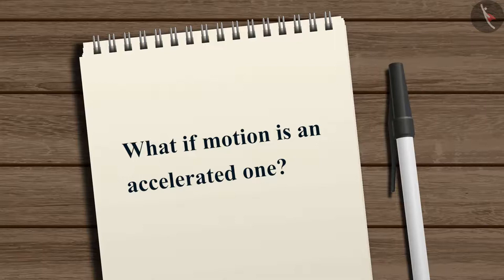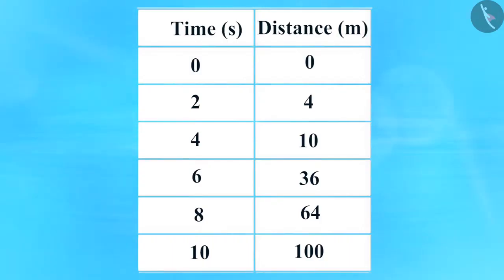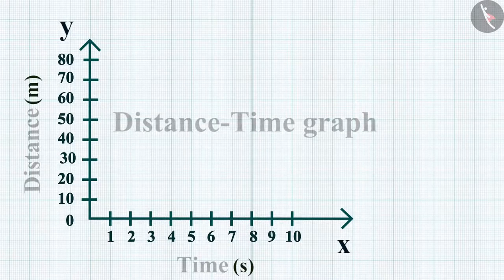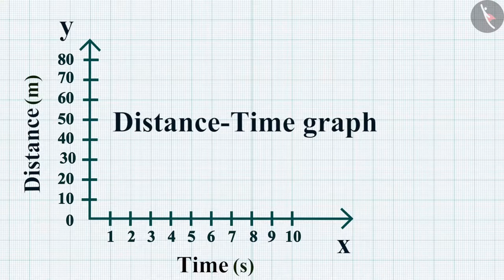What if the motion is an accelerated one? We can plot a distance-time graph for accelerated motion as well. Given here is a table which shows the distance covered by the car in the respective time intervals. Can you plot the graph using the data in the given table?